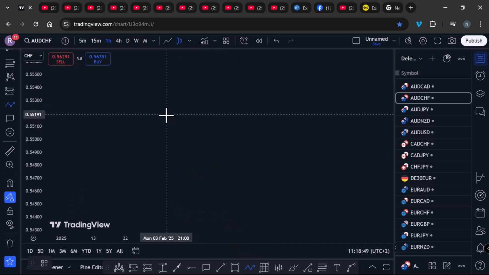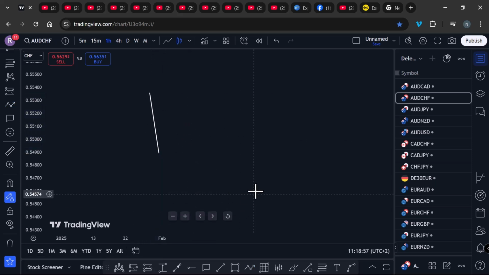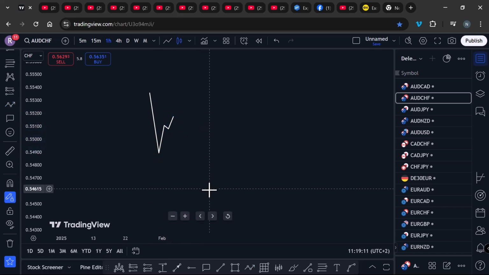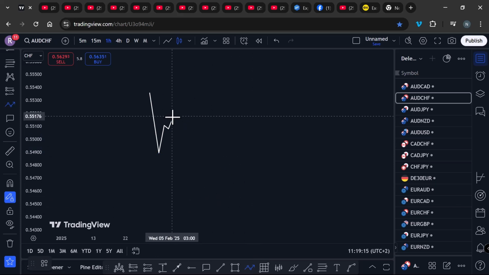So with the 2-touch, guys, I'm just going to be using the diagram to draw this for you. I'm going to be showing you the concept you should be looking for when looking for a proper 2-touch pattern. It's usually the first leg, right? The first leg going down, and then a price structure pulling back, and then it goes back down to do what?